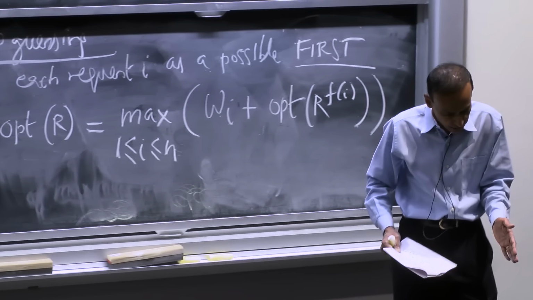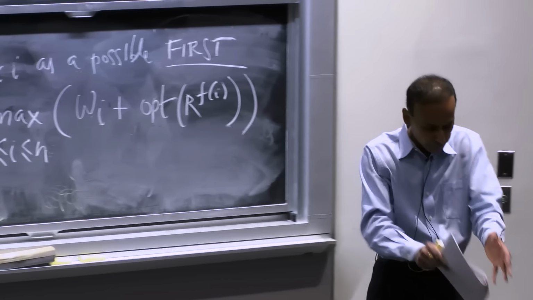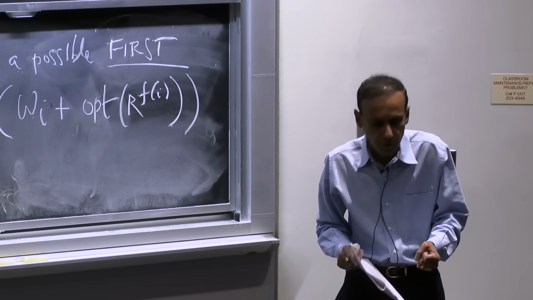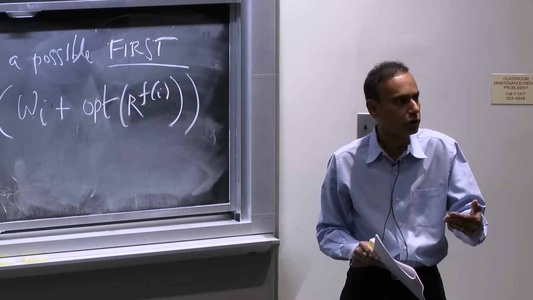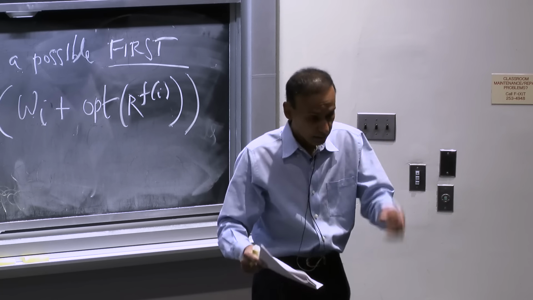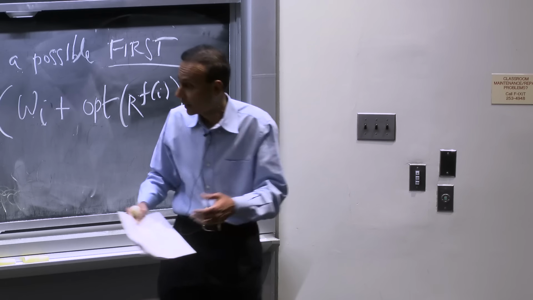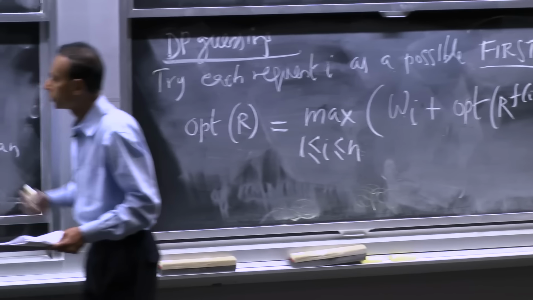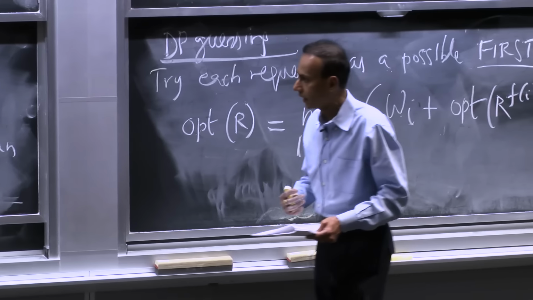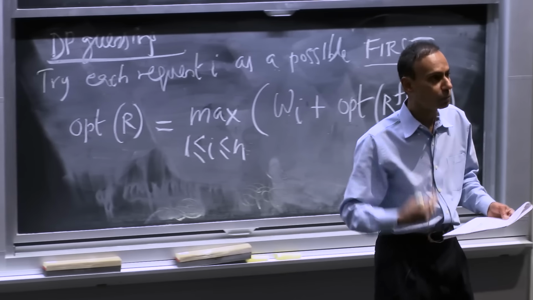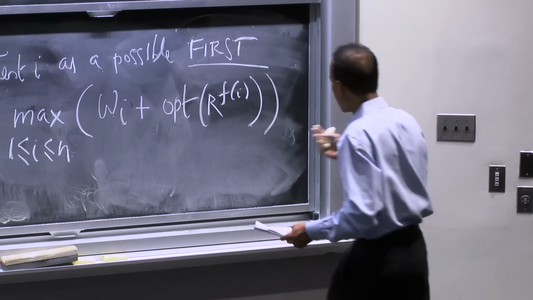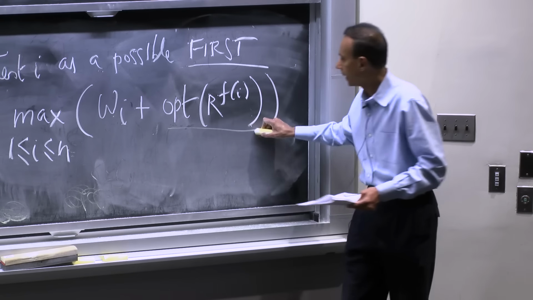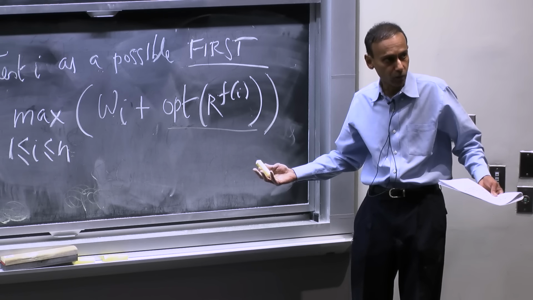You try every request as a possible first. You obviously have picked that request, so it's part of the weight for your solution. When you do that, because it was the first request, you get to prune the set of requests that come later corresponding to R of Fi that you see here. And then you go ahead and simply find the optimum for a smaller problem, which clearly has fewer requests.